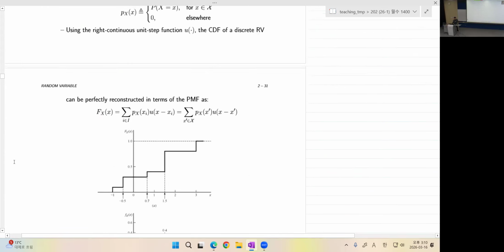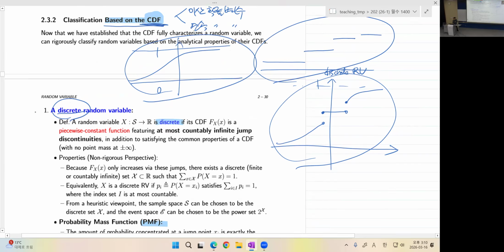Got it? Be careful. Mixed random variables are very, very important. Sometimes we mix two continuous random variables, three, or five continuous random variables. When you mix continuous random variables, of course you have a continuous random variable.